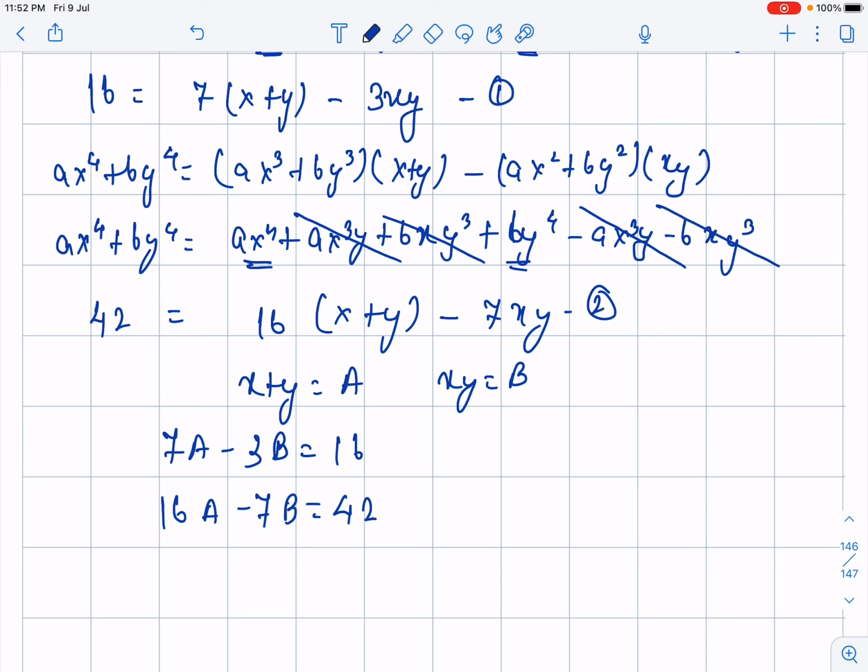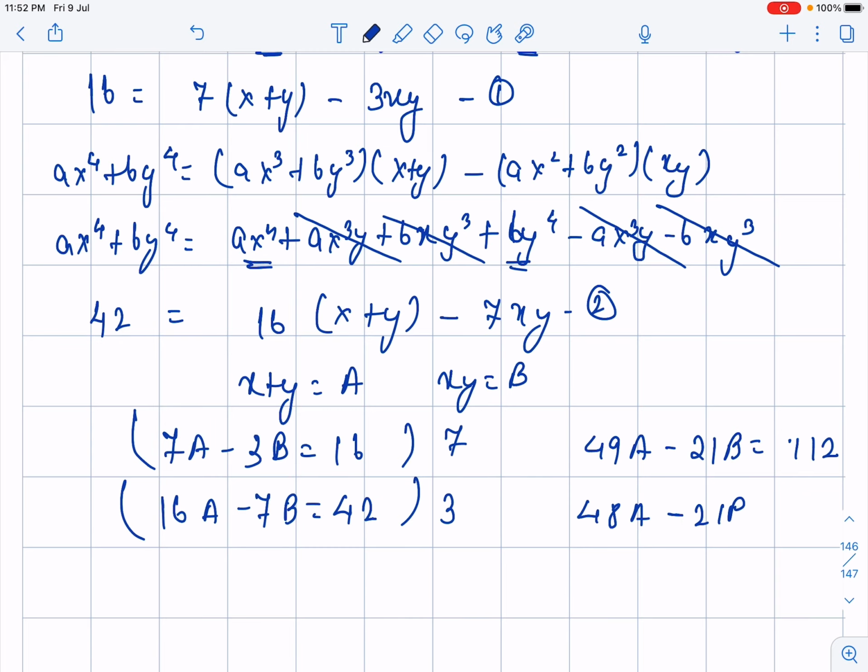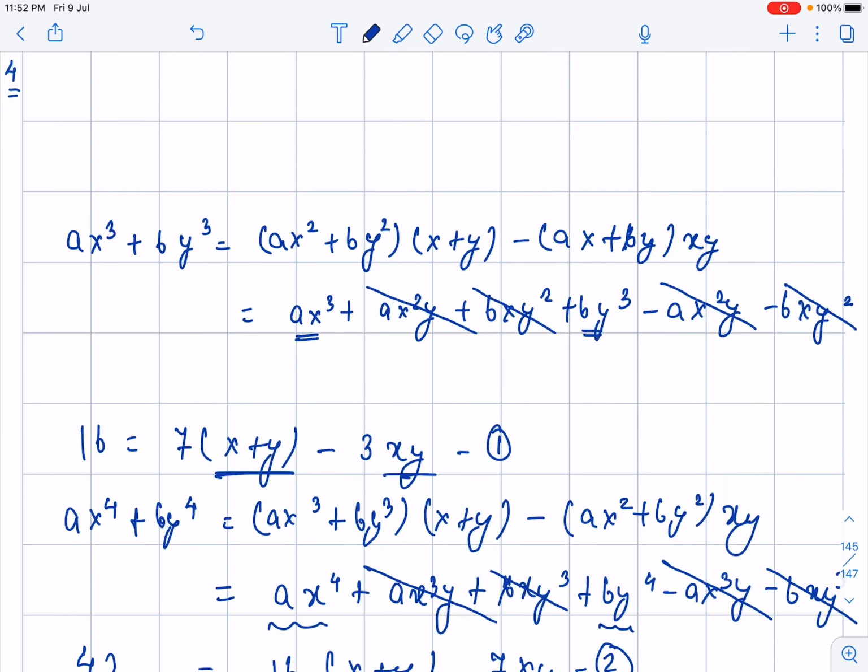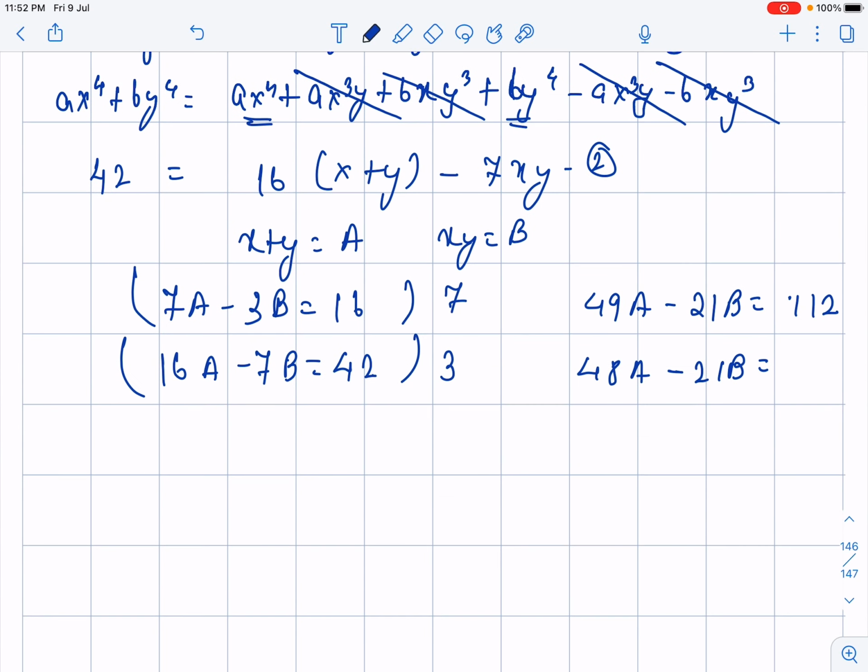So guys, we'll eliminate the variables. The first equation I'll multiply with 7. The second equation I'll multiply with 3. So we'll get 49A minus 21B is equal to 112, and then 48A minus 21B is equal to, oh my god, we'll get 126.